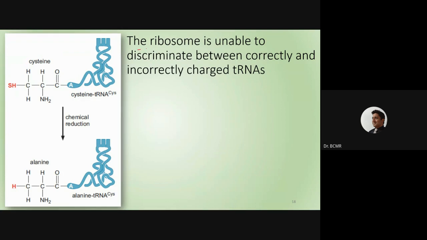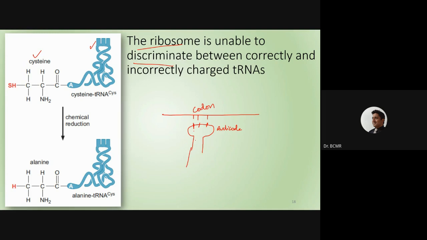What I'm now going to describe is not going to be immediately important for you in the exams, but I want you to know the ribosome cannot see whether the correct tRNA is charged with the correct amino acid. The ribosome has only one duty; we will see it shortly in the next class. The ribosome is only responsible for the interactions between the codon and the anticodon of the tRNA.